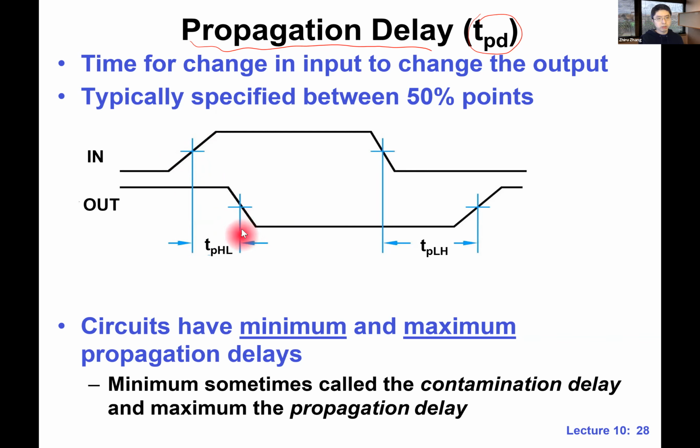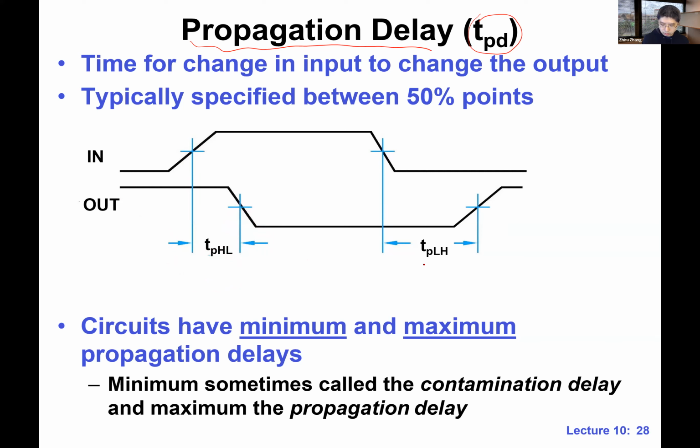This is where the output starts to drop, and this interval is the propagation delay. We have TPHL here, which means the propagation delay for the transition from high to low.